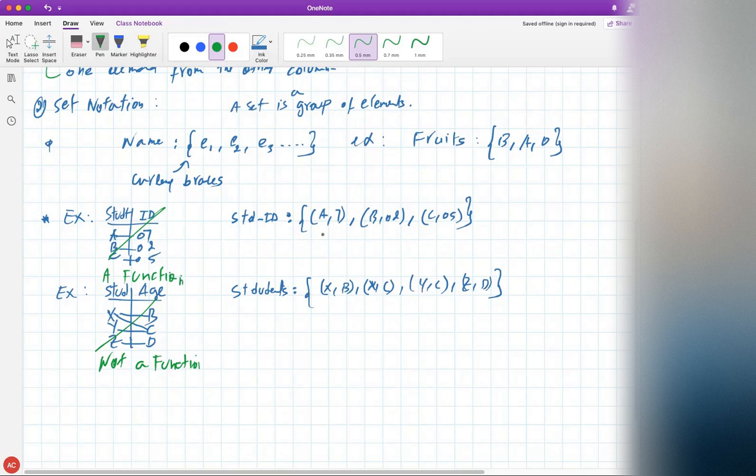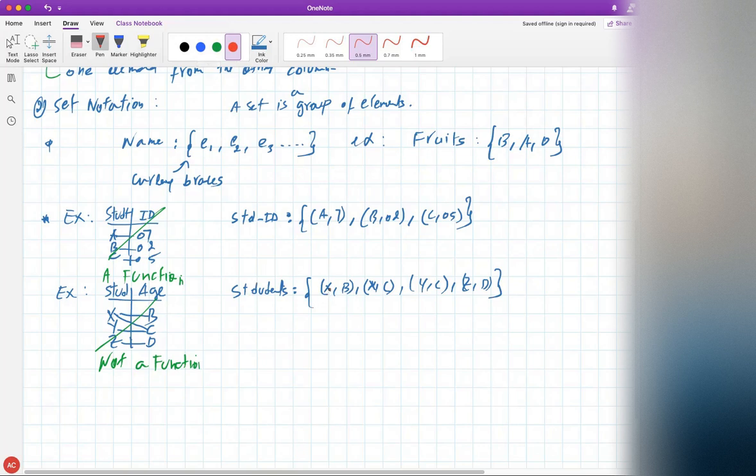What exactly makes this one a function and this one not a function, just by looking at them? What makes this not a function in this set notation? The first element has two second elements. That's right. Which element is that? X.